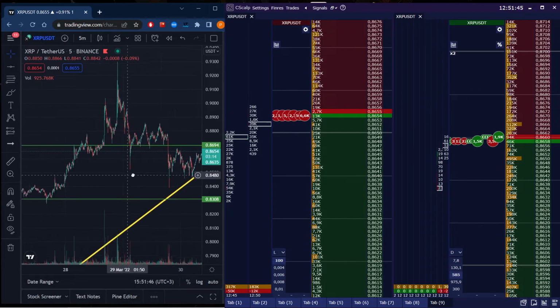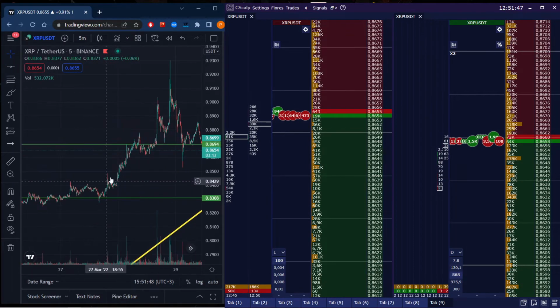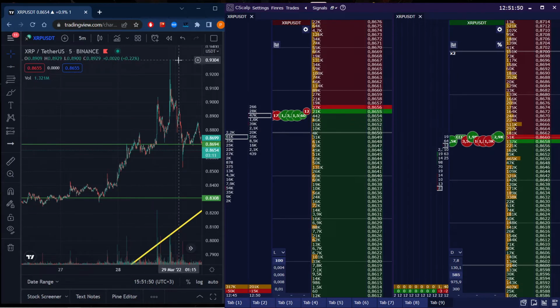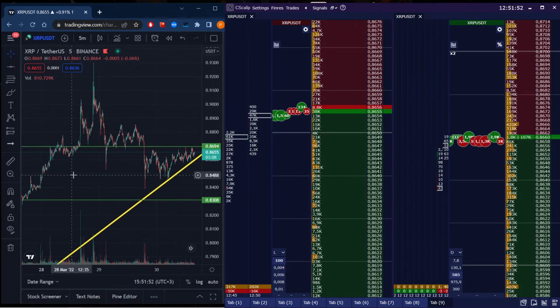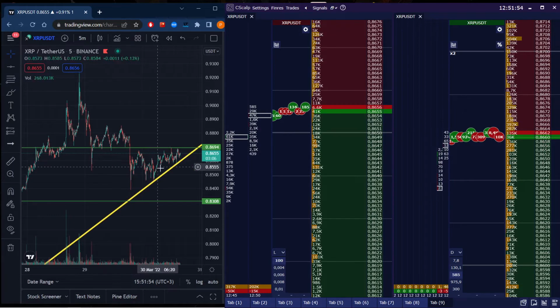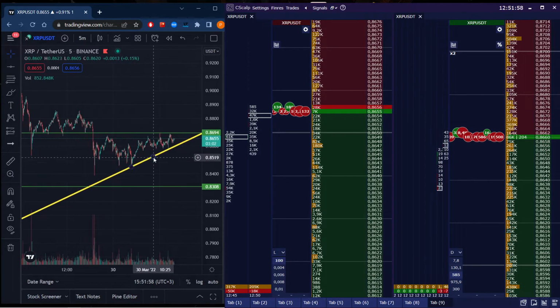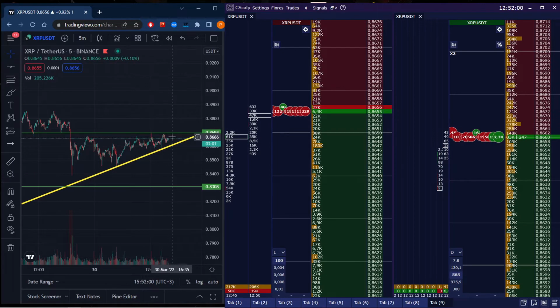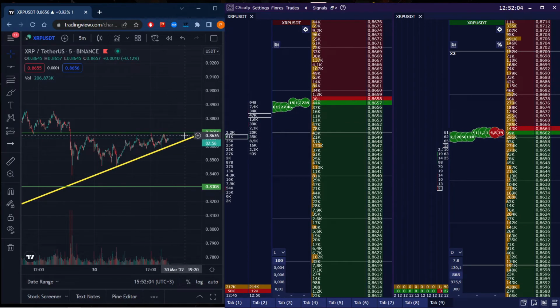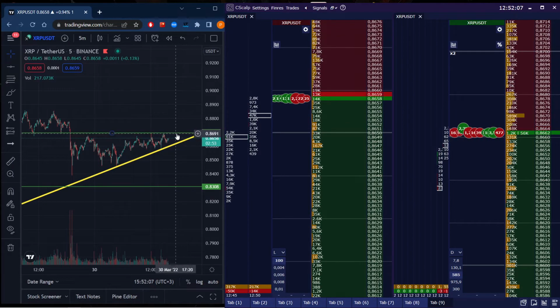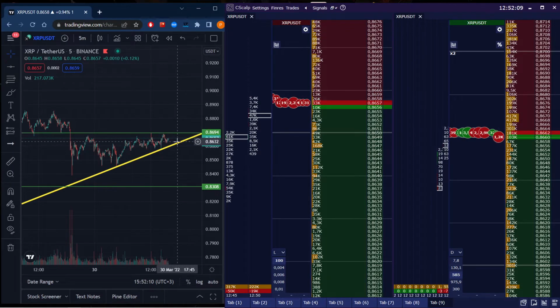On the 5 minutes time frame, we see how the price reached local highs, then there was a correction, and then we see the new uptrend movement, and the price is reaching the upper side of the triangle.